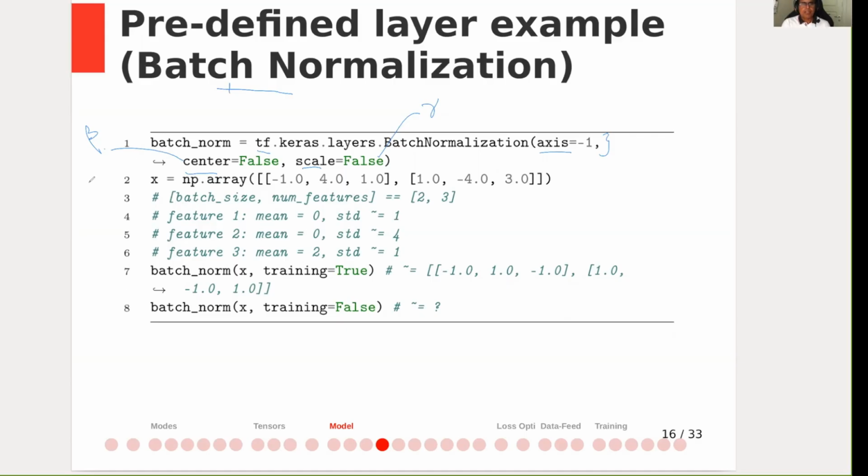In line 1, you have created your batch normalization layer, and in line 7, you have used it with an input X and a flag indicating whether the layer is used in training mode or testing mode. In this case, it is used in training mode, and in line 8, the batch normalization layer is used in testing mode.